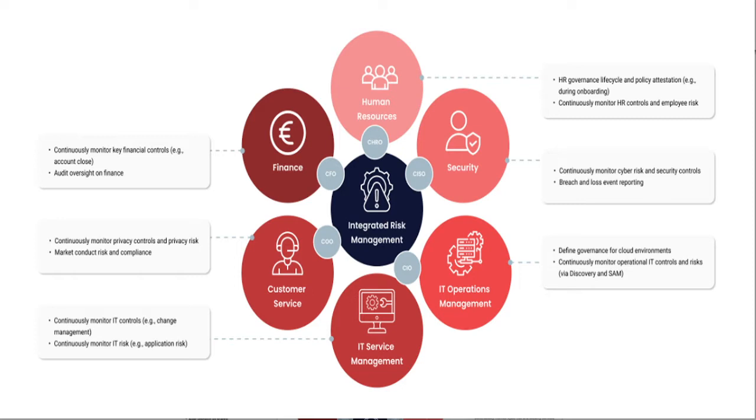In terms of finance, integrated risk management will help the chief financial officer take decisions on financial control objectives, monitor all control objectives and attestation for the financial department, and it will also be helpful for audit oversight on finance.